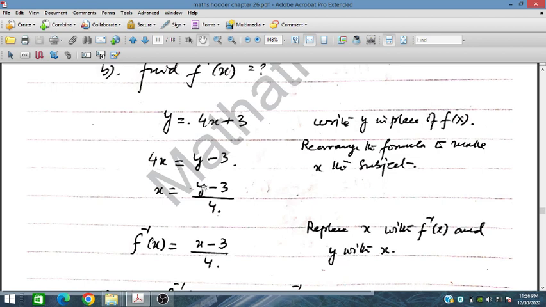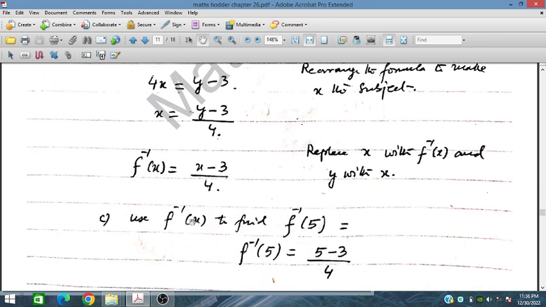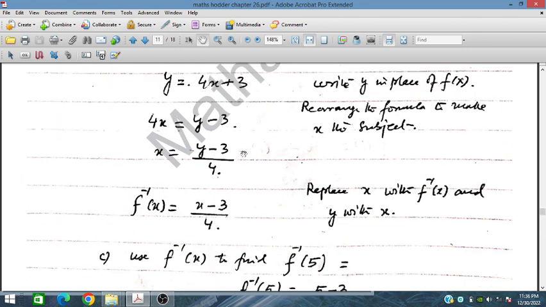This is the simple procedure to get the inverse function, and we have obtained it.